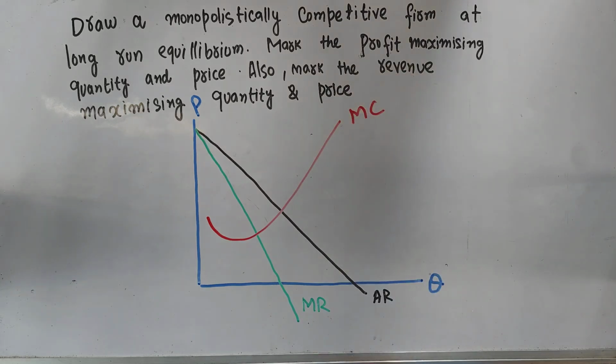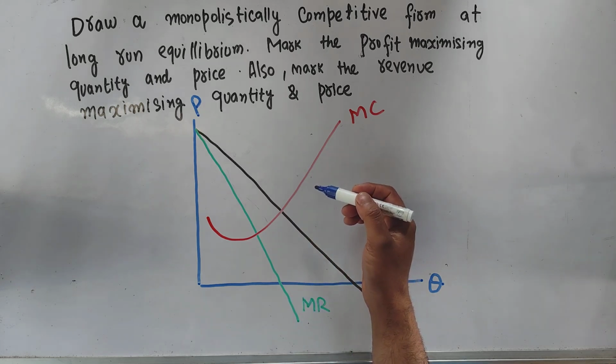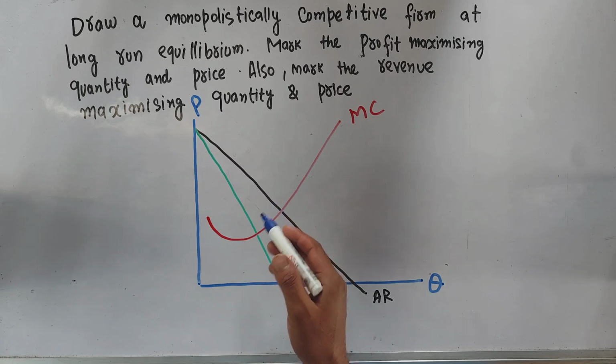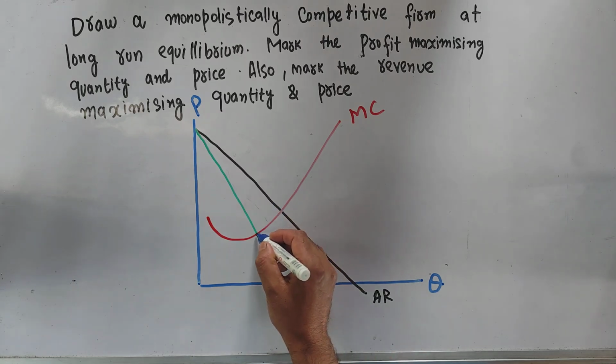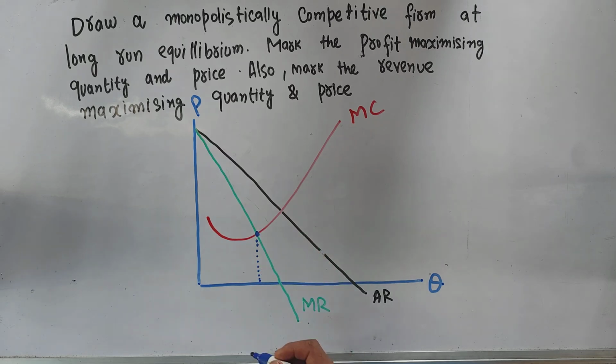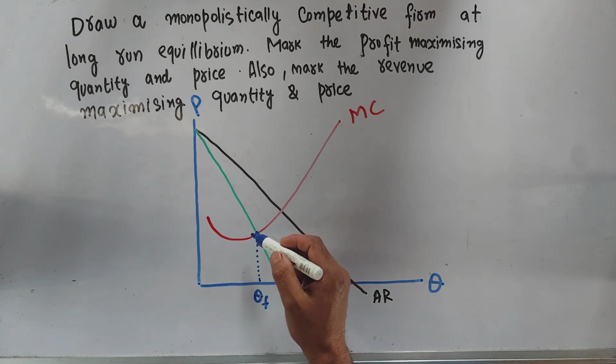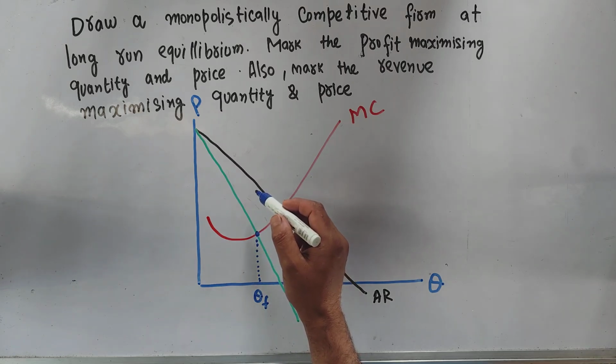Okay, now we can find the profit maximizing quantity where marginal revenue is equal to marginal cost. So since marginal revenue is equal to marginal cost here, we can find the equilibrium quantity, which we denote by QF. From that quantity we get the price from the demand curve above.